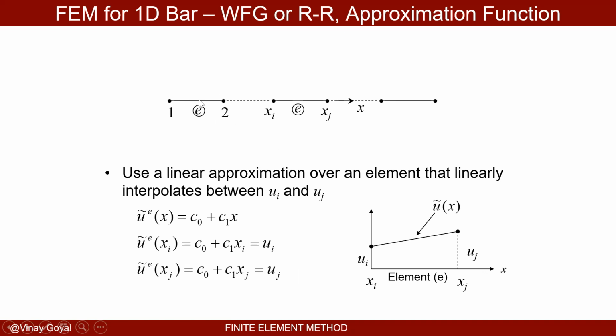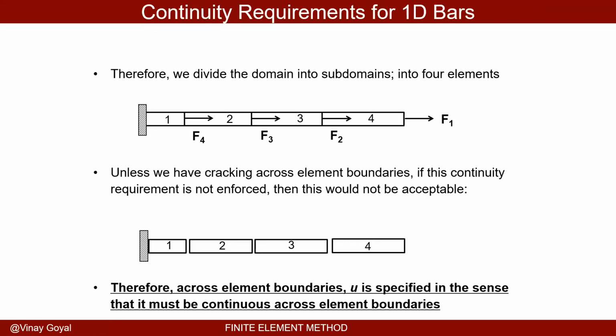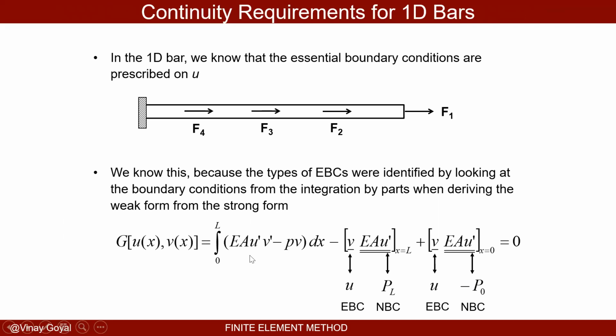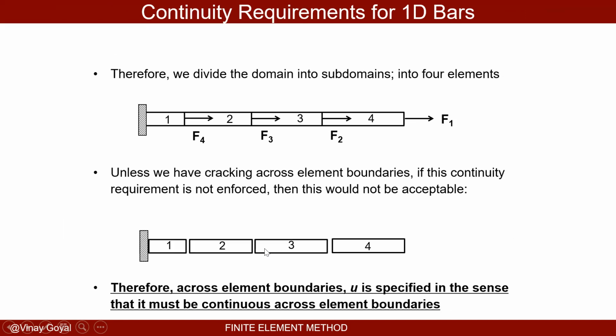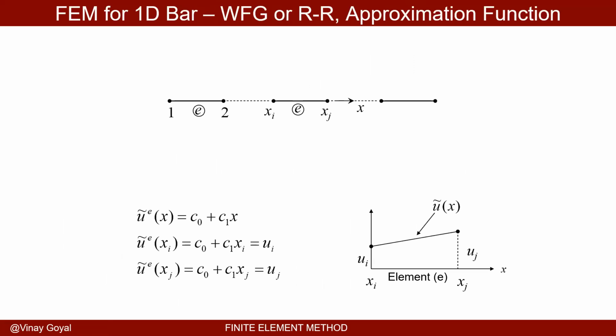And what I want to do is use a linear approximation across this element. A linear approximation is the lowest order polynomial I can select, and the reason is that it is sufficiently differentiable. I can put a linear approximation here and I get a constant derivative. So that works. It can be done.